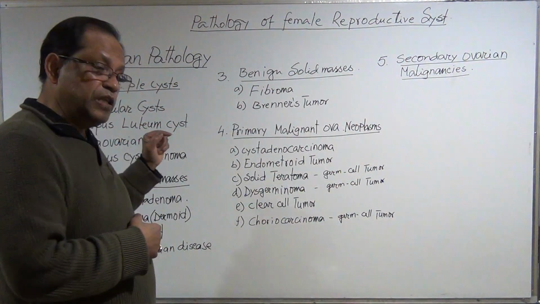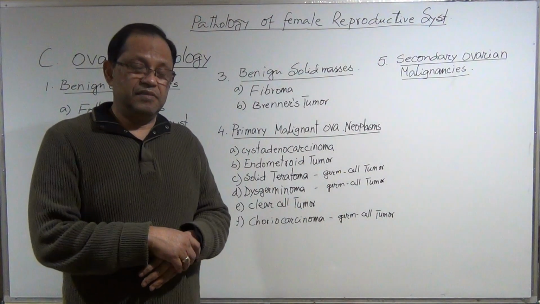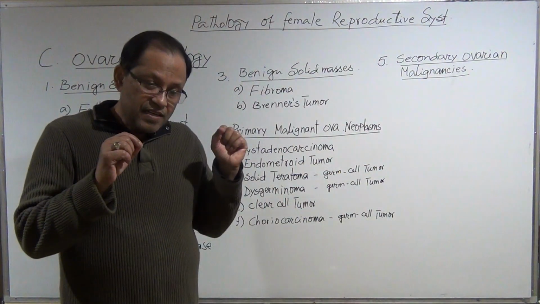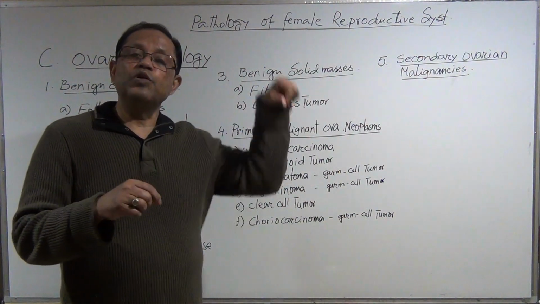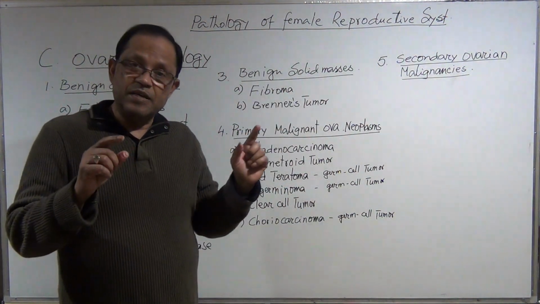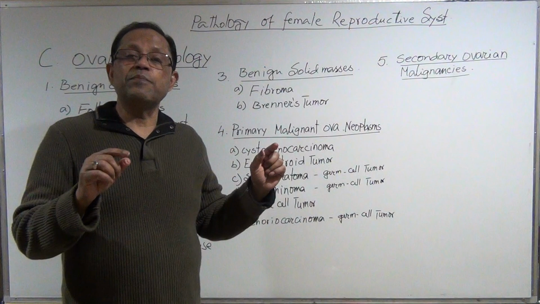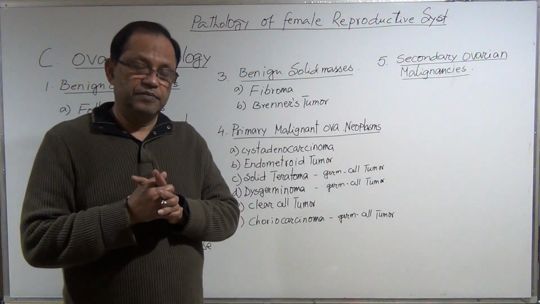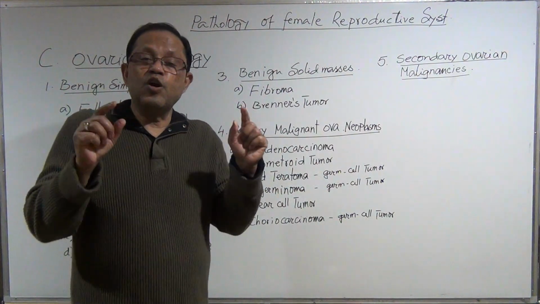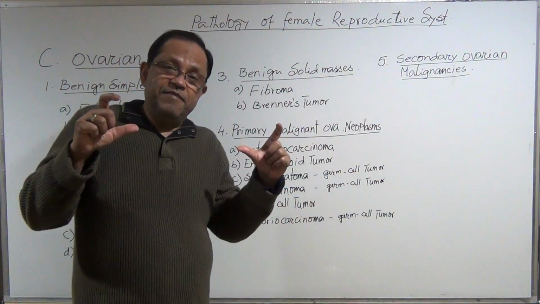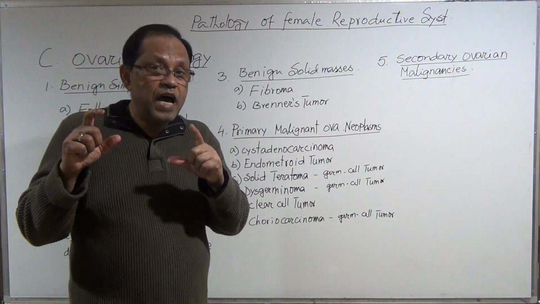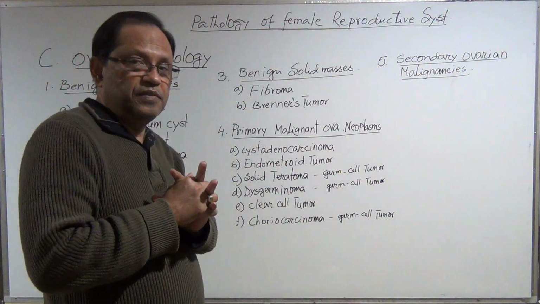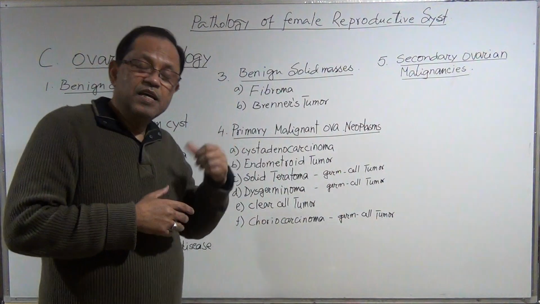And if the corpus luteum dies early, the progesterone level will go down and the sustainability of the pregnancy is questionable, because the trophoblastic activities depend on the amount of progesterone that comes from the corpus luteum.